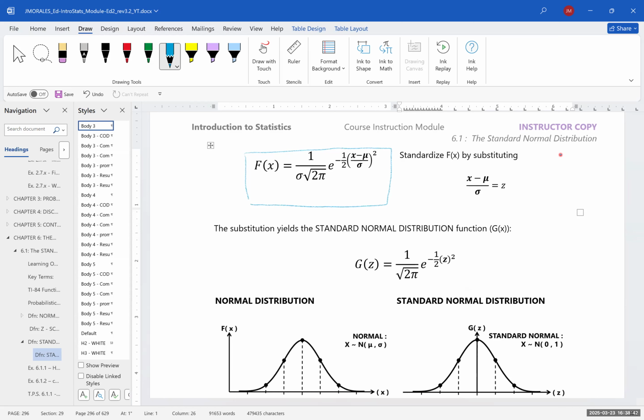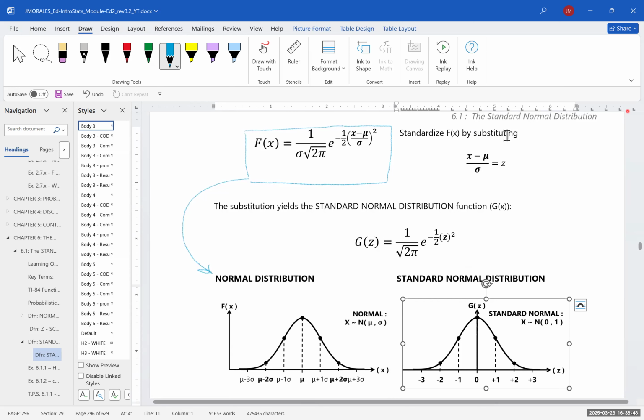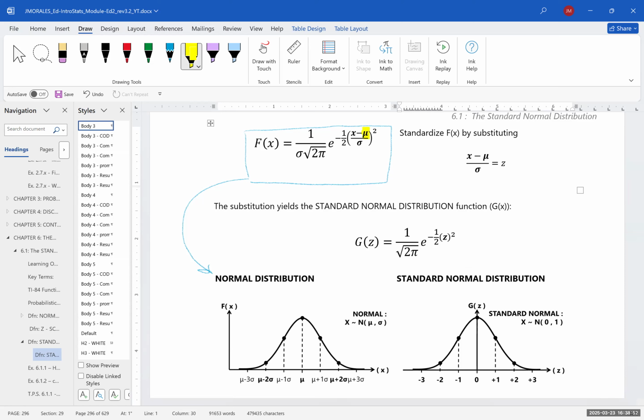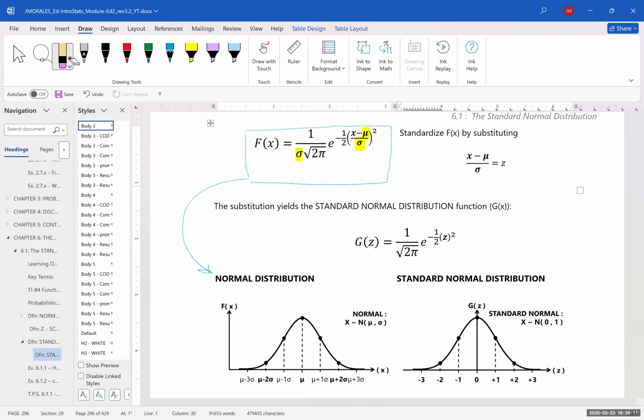for the normal distribution. Okay, that gave us this shape here initially. And you can see it's got mu and sigma there in the equation. And it produces this shape here. And this is where we have values of x with any unit you can imagine.